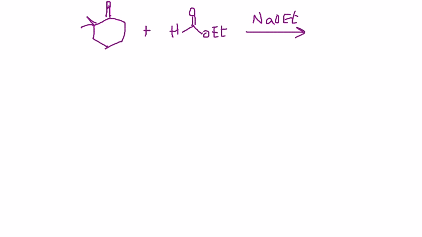Sodium ethoxide, ethanol, that's your first step, and they do want to treat it with acid. All right, so hopefully you can see here that in this particular case, we have sort of fixed our acceptor.